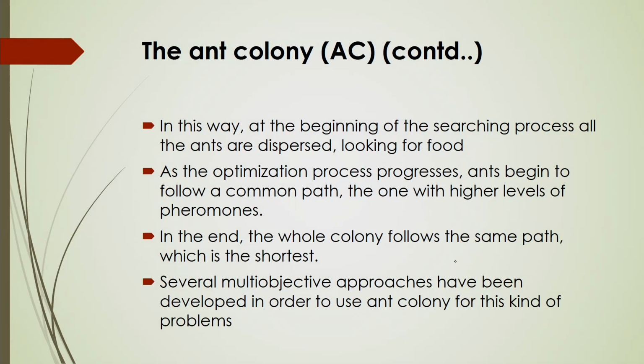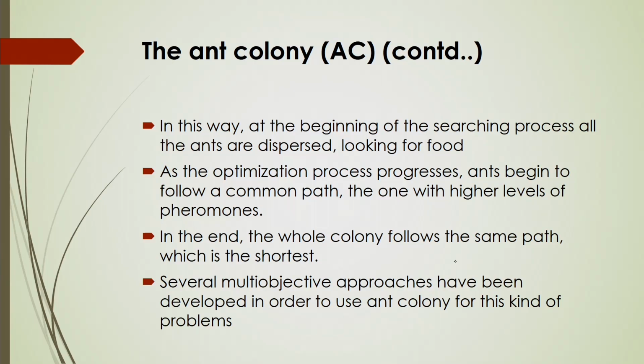At the beginning of the search all the ants are dispersed looking for food, and as the process progresses, ants begin to follow a common path, the one with higher levels of pheromone. In the end, the whole colony follows the same path, which is the shortest. Several multi-objective approaches have also been developed to use ant colony for this kind of problem, as per the literature.